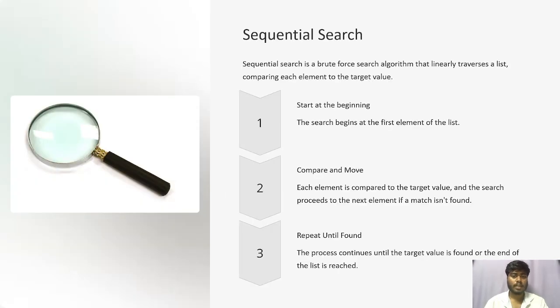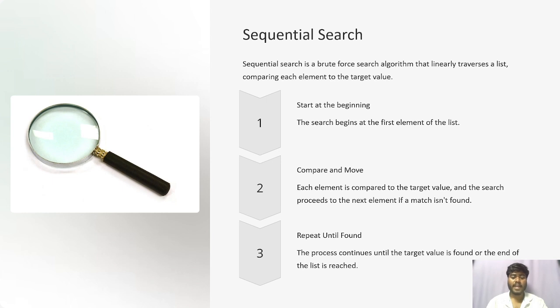Sequential search. Sequential search is a brute force search algorithm which linearly traverses a list, comparing each element to the target value. First, start at the beginning and search the first element of the list.